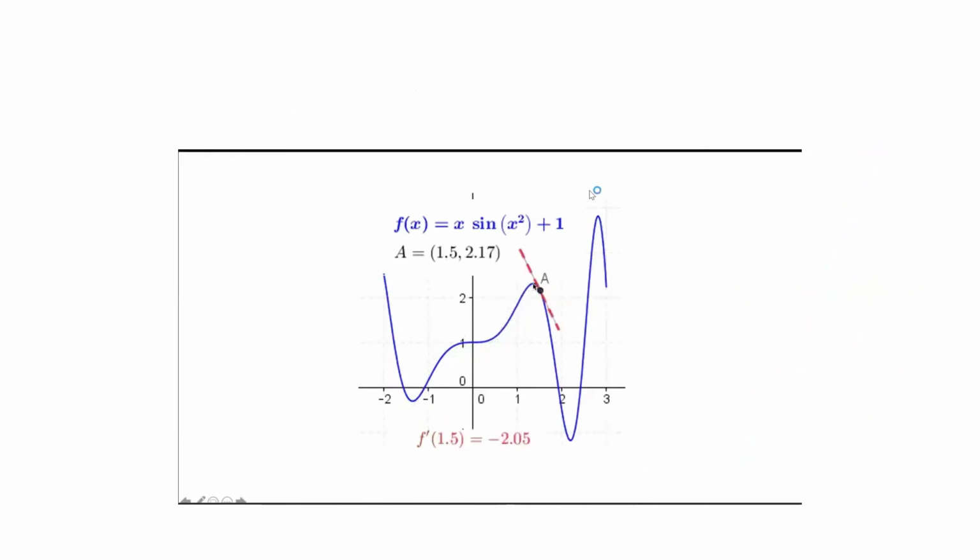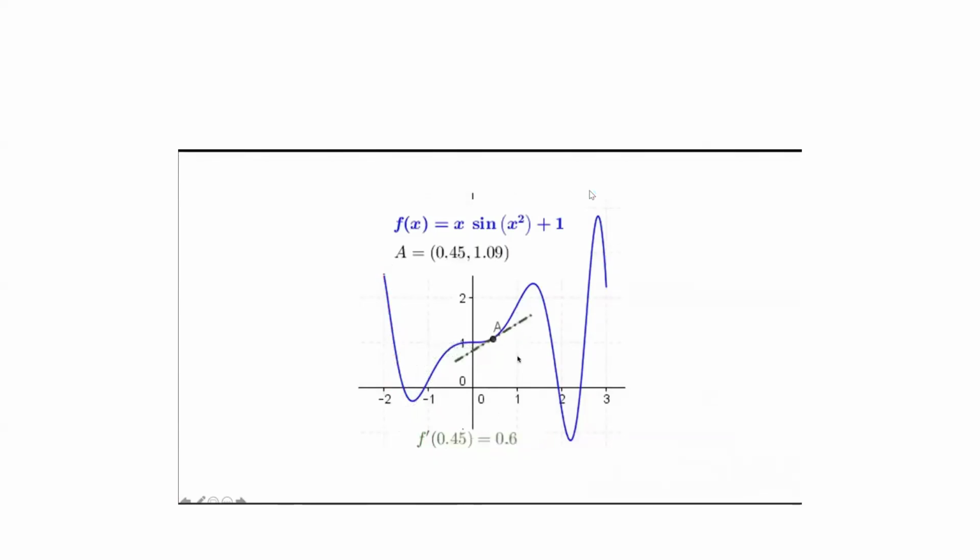Going left to right, the moment it is going upward, the derivative is positive. The moment it is going down, the derivative is negative. Initially, when it is coming down, the derivative is negative. When it is flat, the derivative is equal to zero.